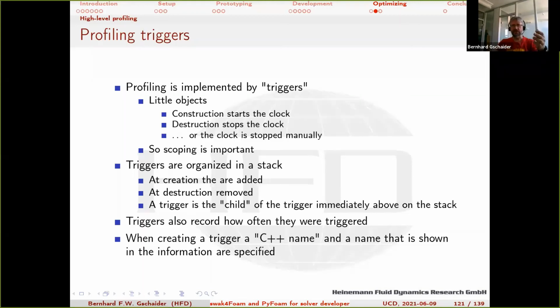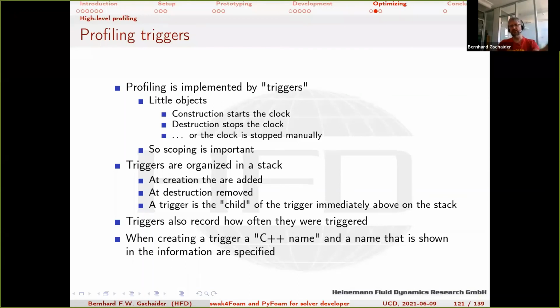Once it has stopped, it reports the value to a central database, and the triggers are organized in a stack. So if a trigger is running and another trigger is started, then this trigger is a child of the upper trigger, and you get a hierarchy of times.